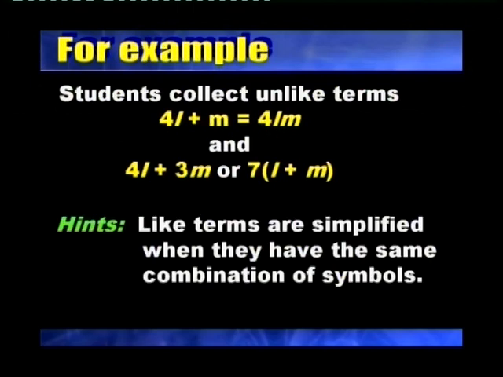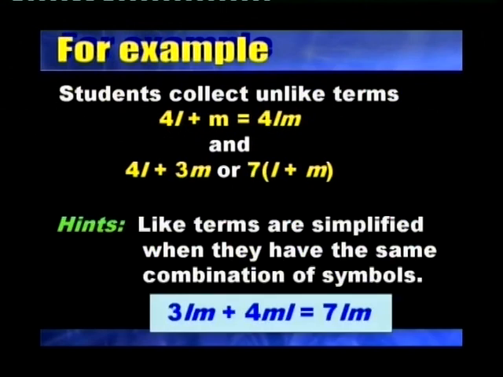For today's hint, teachers, remind the students what the like terms are during the lesson. Like terms can be simplified when they have the same combination of symbols. For example, 3LM plus 4ML is equal to 7LM.